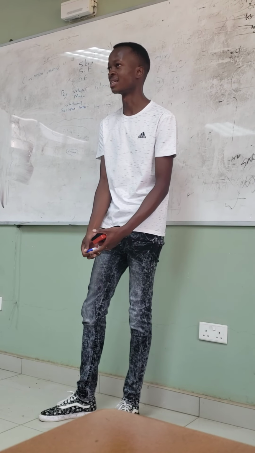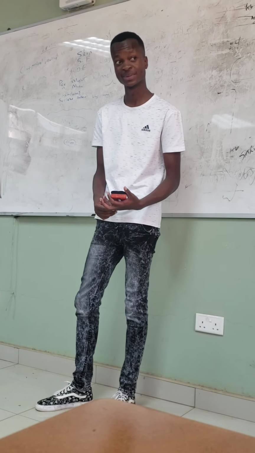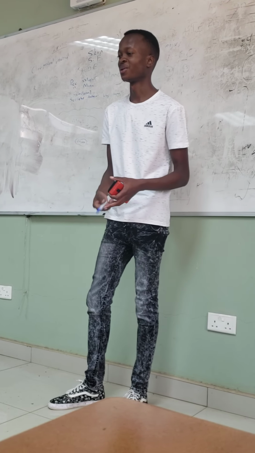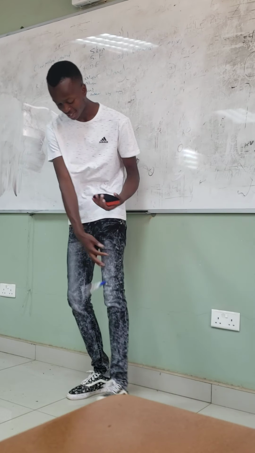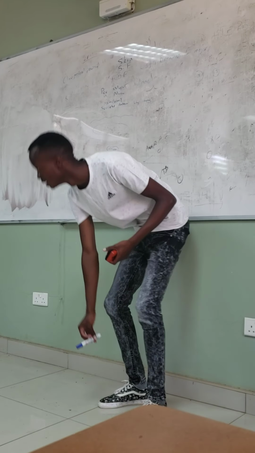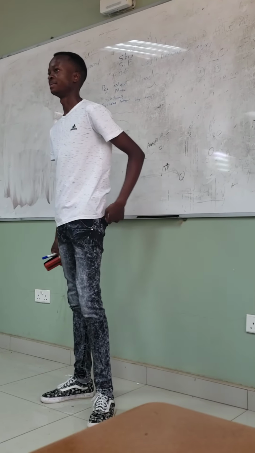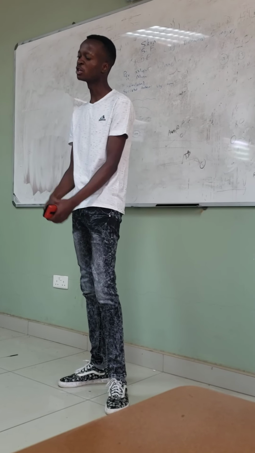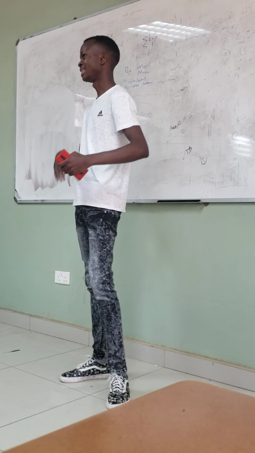the mid-axillary line. What's the mid-axillary line? Over the years, I've realized people just say mid-axillary line, they don't know what that is. So, your axilla is the armpit, right?